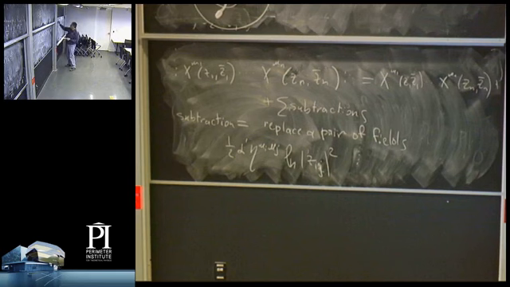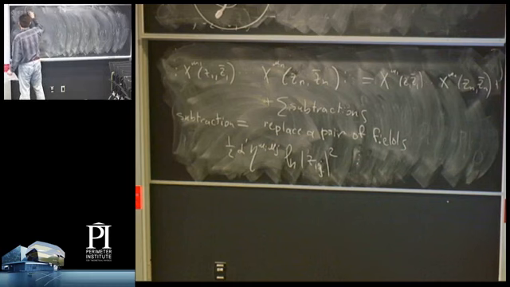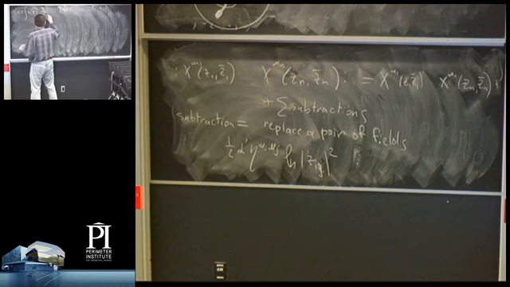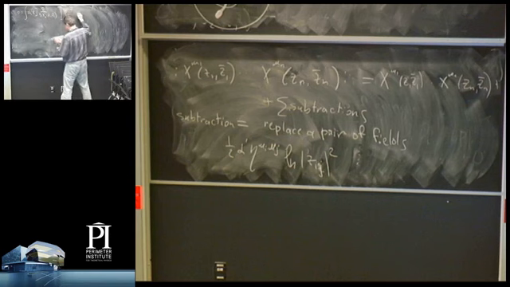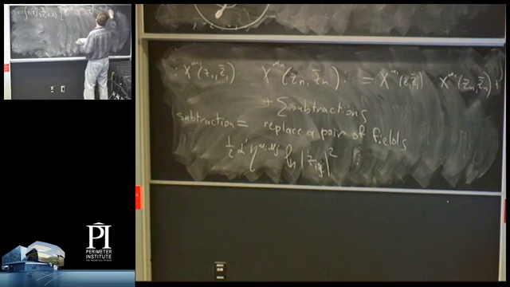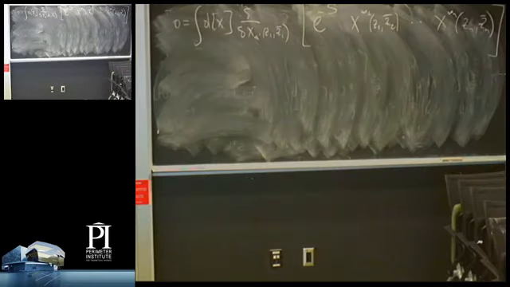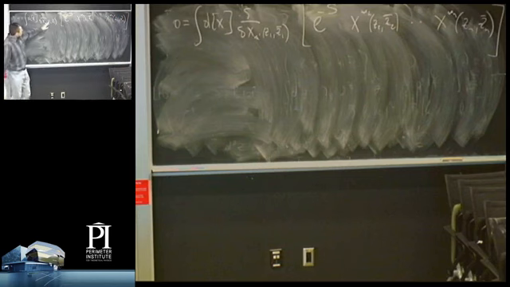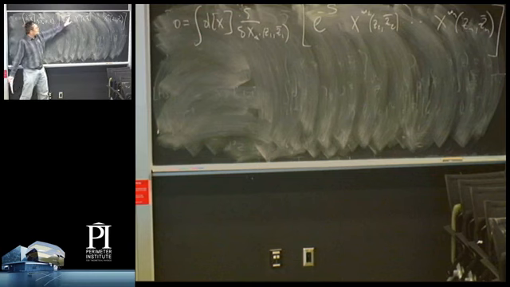All I have to do is write down the identity that the functional integral of the total derivative is 0: ∫Dx δ/δx^{μ_1}(z_1, z̄_1) of e^{-S} times the product of operators X^{μ_2} ... X^{μ_n}. When I take the functional integral, the first piece will come from here and give me this term, right?